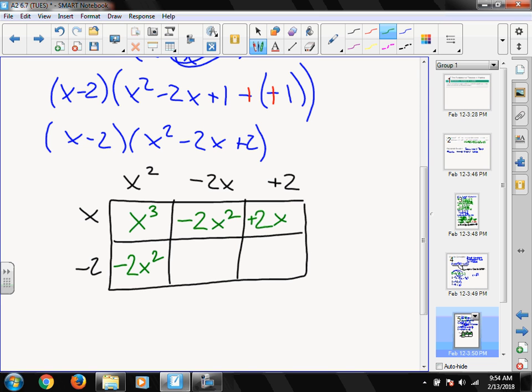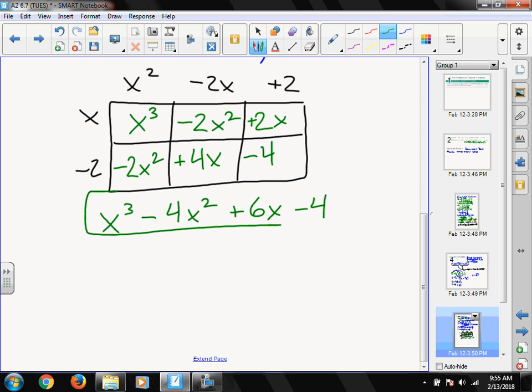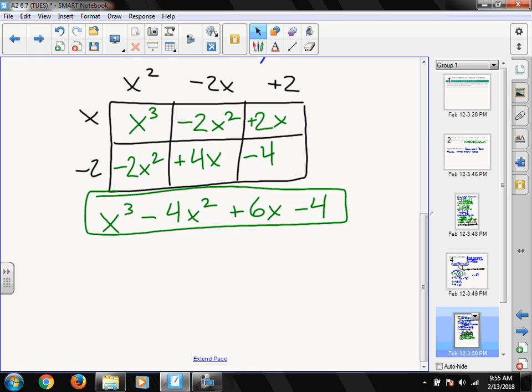Negative 2 times negative 2x, positive 4x. Negative 2 times negative 2, minus 4. So we end up with x cubed. I have negative 2x squared and negative 2x squared to get negative 4x squared. 4x plus 2x is going to give me 6x, minus 4. And there is your final answer.